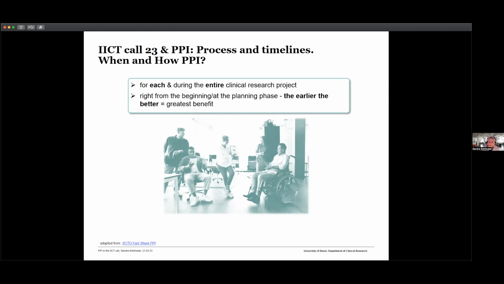And if you integrate it earlier, it is best for you because it gets the greatest benefit for you. So this means right from the beginning at the planning phase. And that's why the SNF has also integrated this preparatory grant, because it has realized how important it is to have these PPI activities already from the beginning on. And what kind of activities? Yeah, this is very individual and depends on your research project.